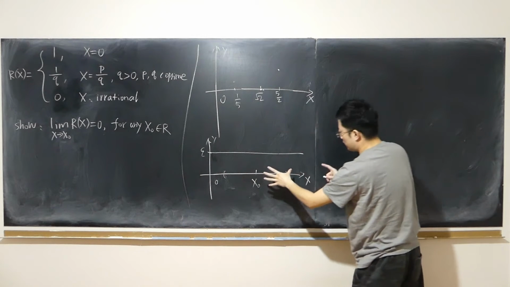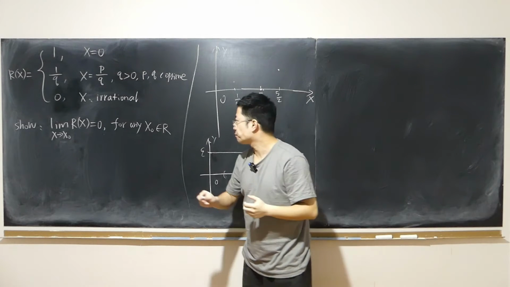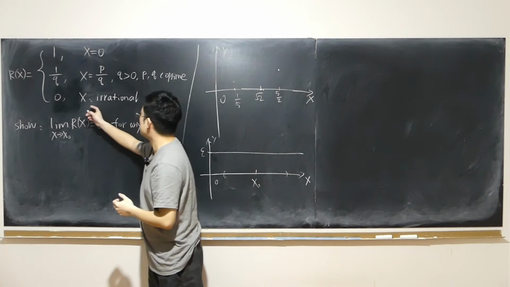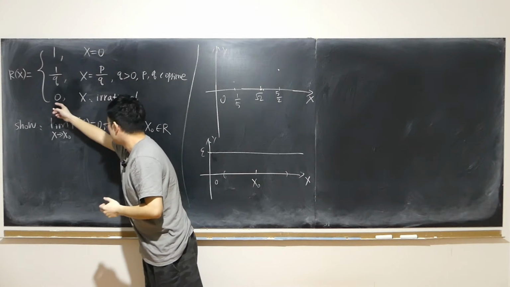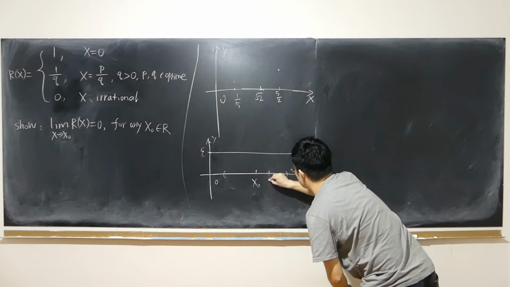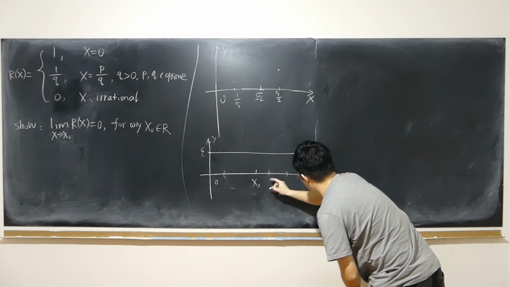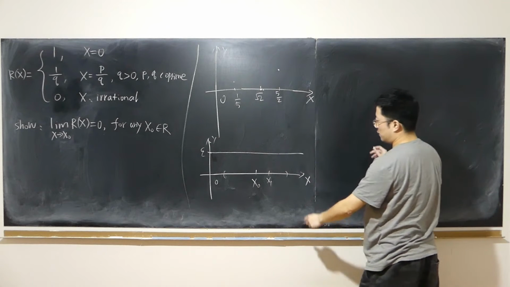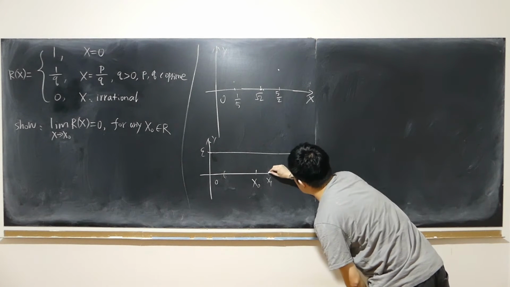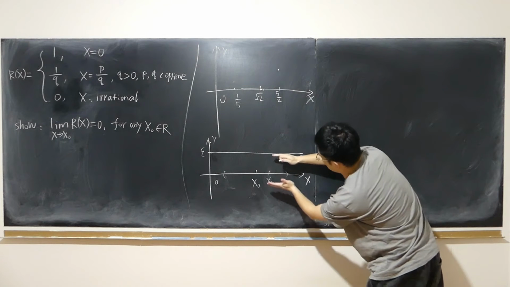First thing we know is that there's no problem with irrational numbers, because for irrational numbers the functional value is always defined to be 0. So for example, in this deleted neighborhood, I can choose any random irrational x1, and the functional value is already 0, so it's already within this epsilon.